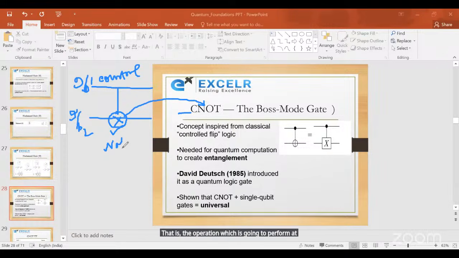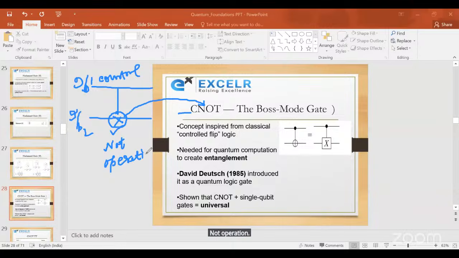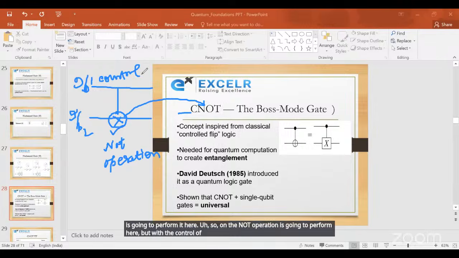That is the operation which is going to be performed here. It is a NOT gate operation, right? But with the control of this: if the control is 1, then this operation will perform.